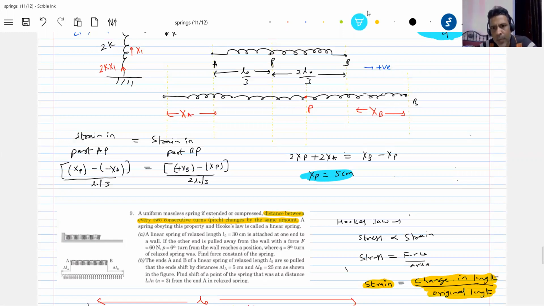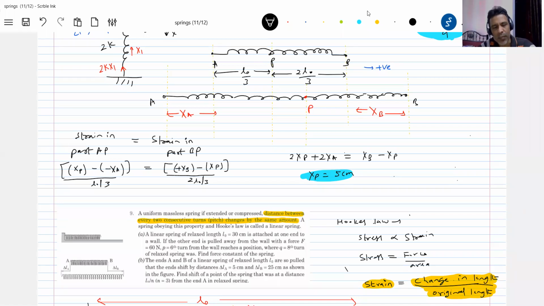So XB minus XP by BP should be equal to XP minus XA by PA. You have to take care in such a way that the strain is equal. The strain is the same everywhere.